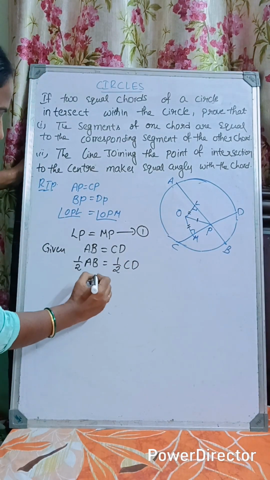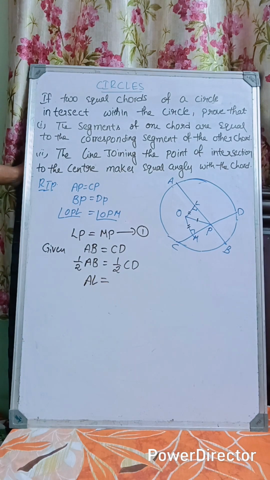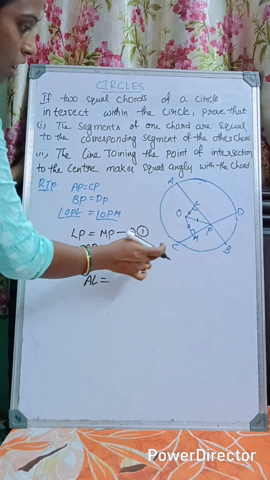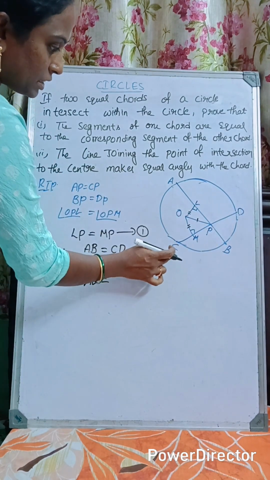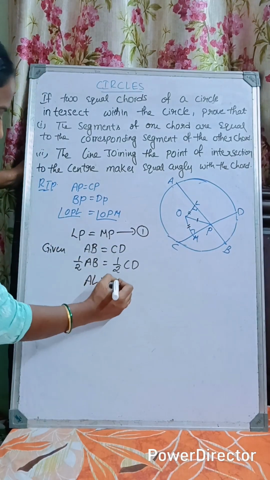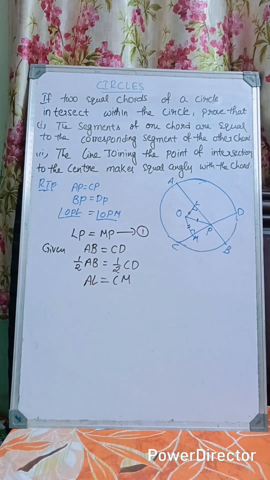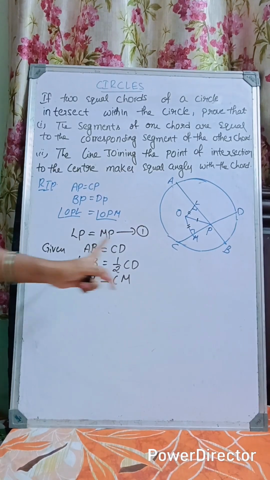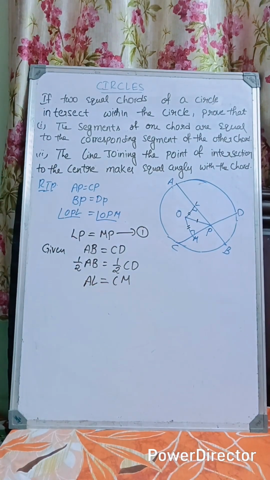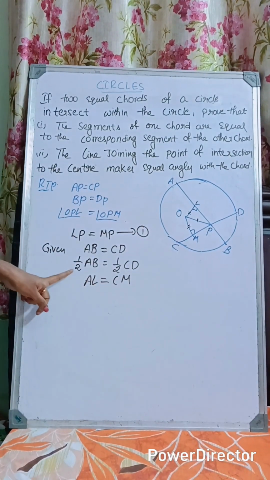Yes. AL is equal to half of CD. Half of CD is nothing but CM. Correct? So, a perpendicular from the center bisects the chord, right? So, that's why CM is equal to MD we can write. So, half of AB is AL, half of CD is CM.